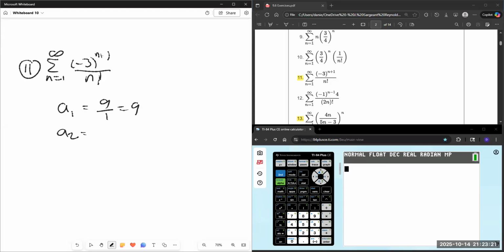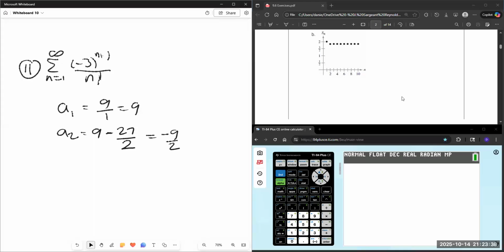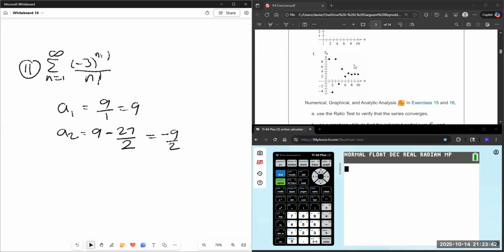For S2, I'm going to be taking 9 minus 27 over 2, which is negative 9/2. We're starting to see one that looks right, that starts off with 9 and then negative 9/2, and then this is going to come back positive.